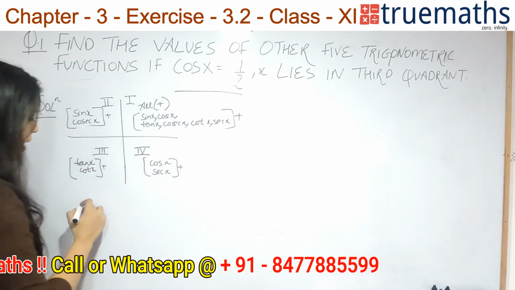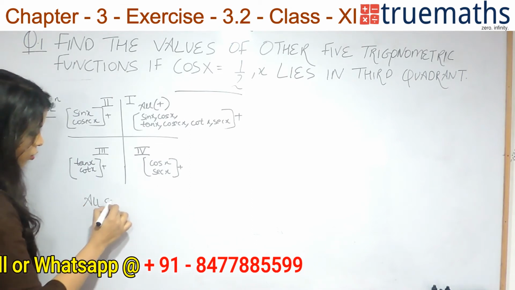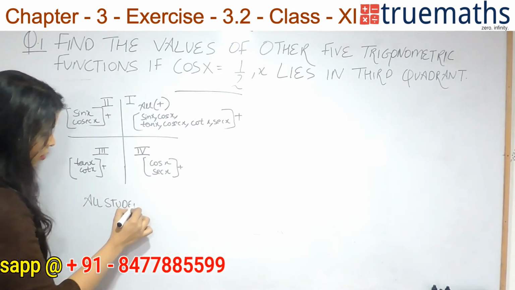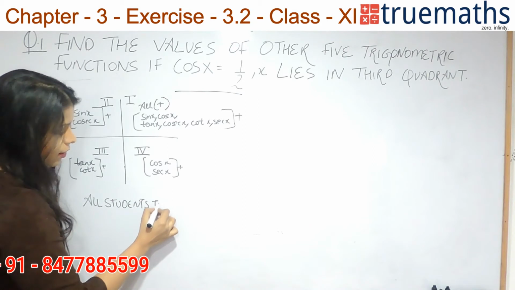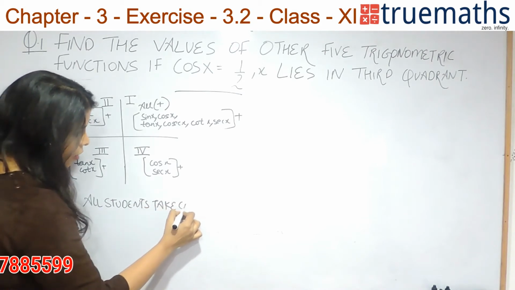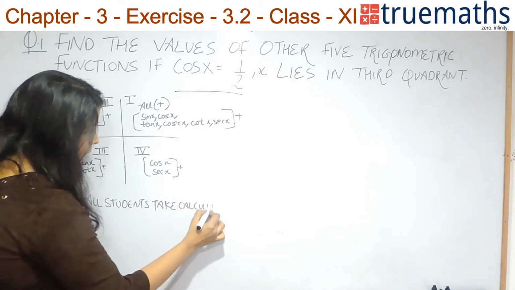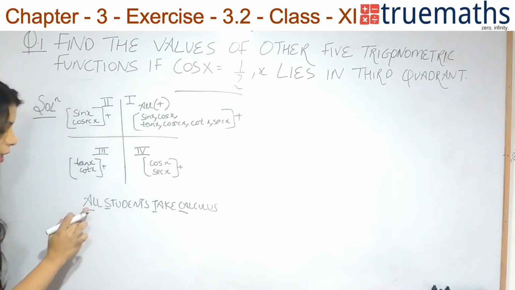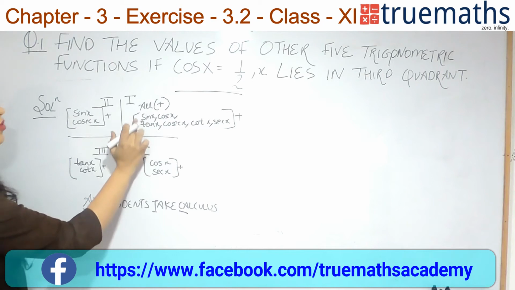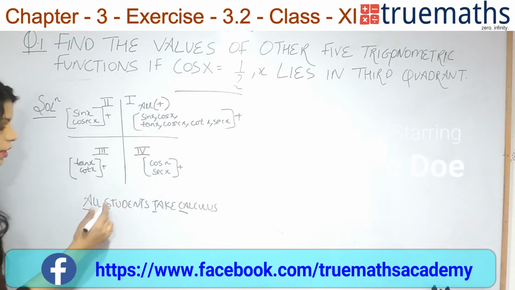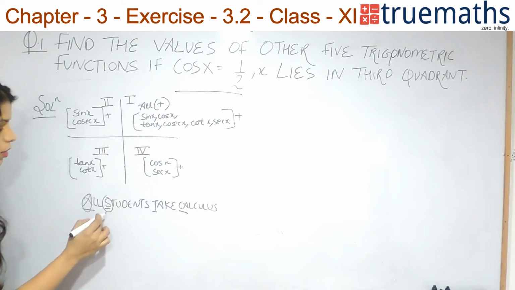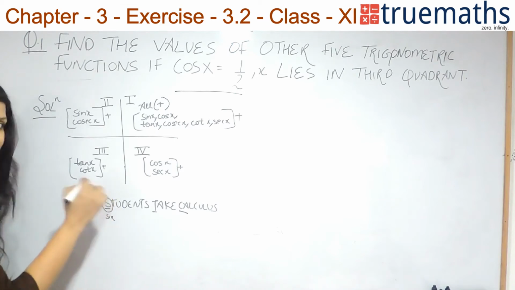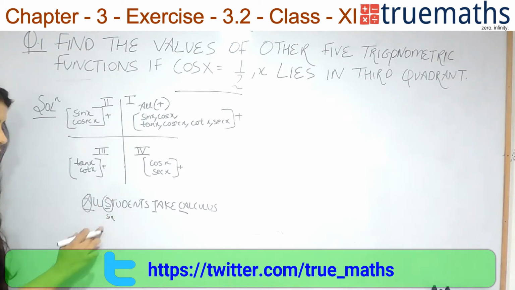You can remember this as all students take calculus. And the first letter of all these words you can take. Here A, that means all the functions will be positive. This S denotes only sine and its reciprocal will be positive.